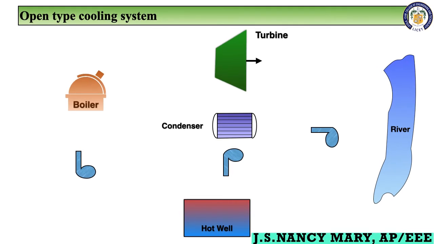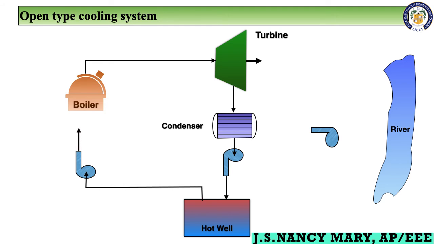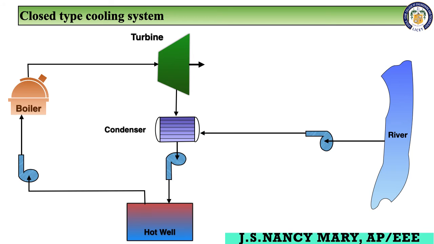You have a river; from the boiler the steam goes to the turbine and condenser, then the pump, then from the pump it is given to the boiler like this. The condenser gets the water from the river, and the river in turn receives it back.